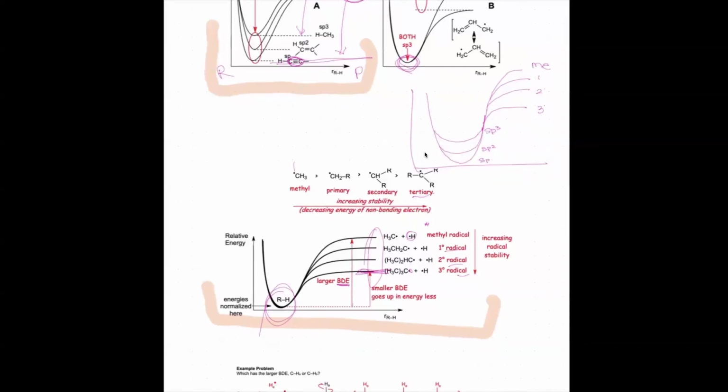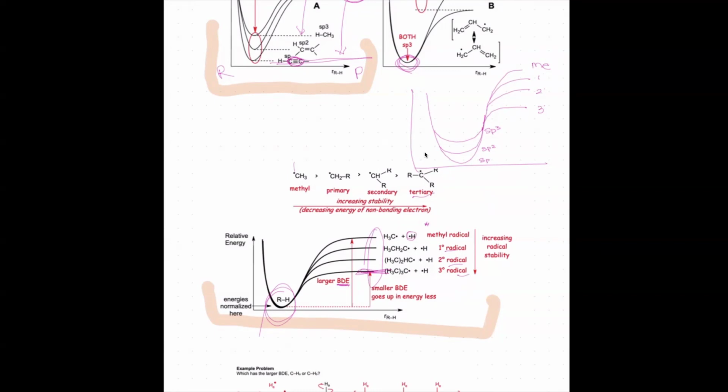But I would think about it more like it has lower energy. The single non-bonding electron here has the lowest energy out of all of them, making it the most stable, right? And because it has low energy, it doesn't take very much to dissociate that radical.